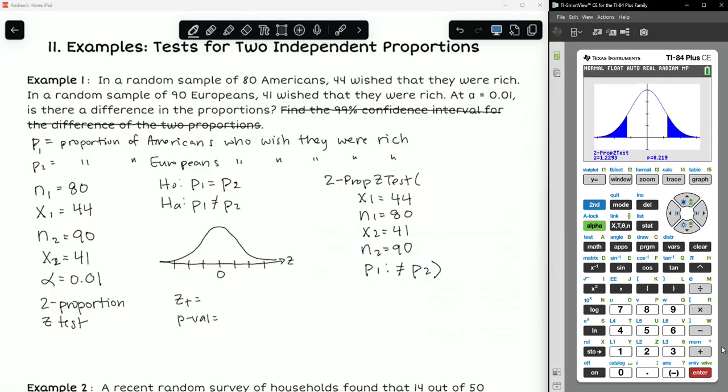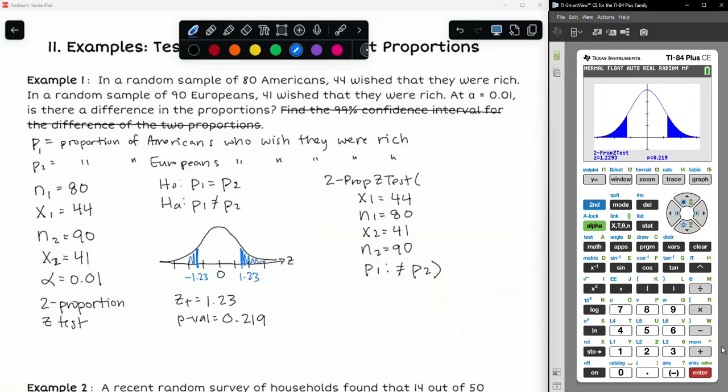So we get a test statistic of 1.23 rounded and a p-value of 0.219. So in my picture, I'm out just past one standard deviation on either side, negative 1.23, positive 1.23, and my p-value is composed of the area in those tails.